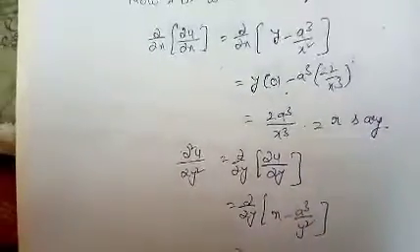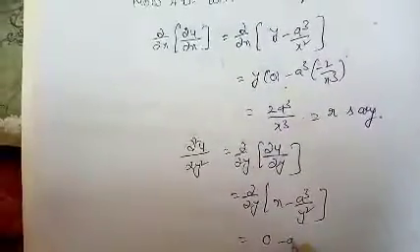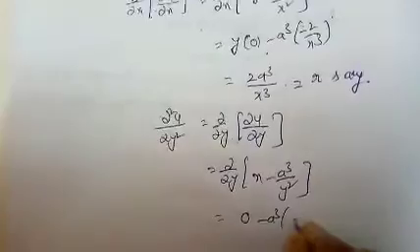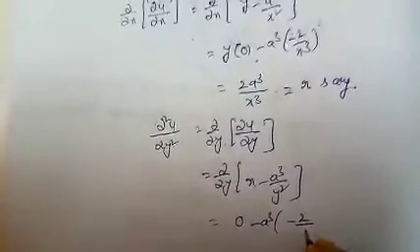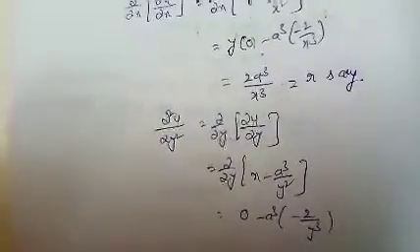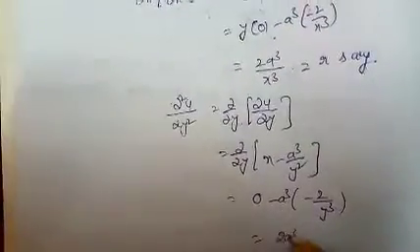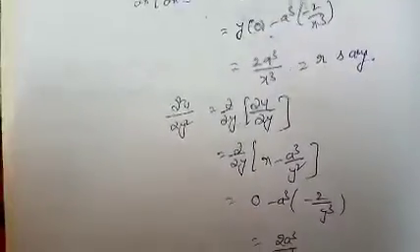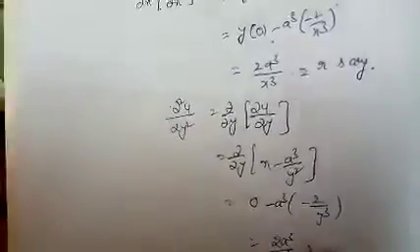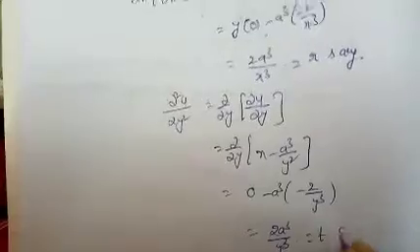So this is the value. So here 0 minus a cube into the derivative of 1 by y square, which means minus 2 by y cube. So then which implies 2a cube by y cube. Treat this as t, say.